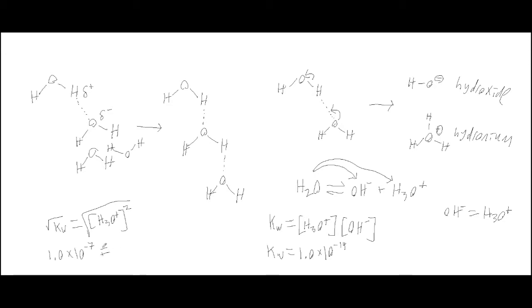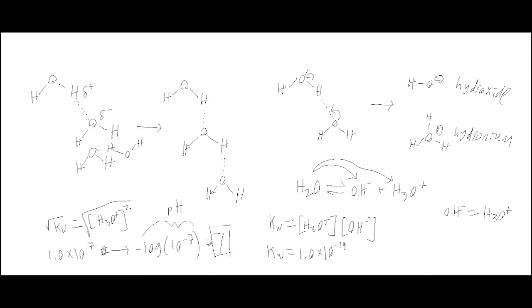If we take that and then do the negative log of 10 to the negative 7, we get 7. And this is how we define pH. So that's why when water is neutral, it has a pH of 7.